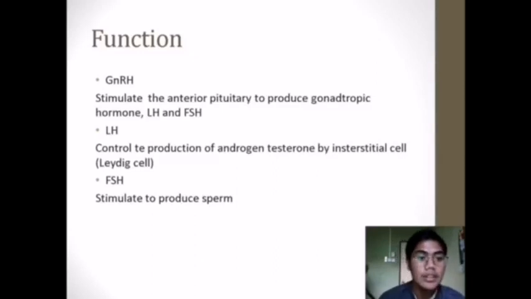Meanwhile, LH controls the production of the androgen testosterone by the interstitial cells, known as Leydig cells. The function of FSH is to stimulate the production of sperm, also known as spermatogenesis.